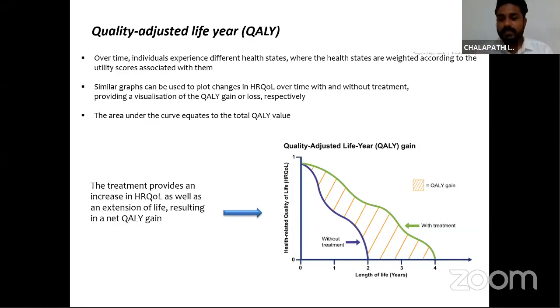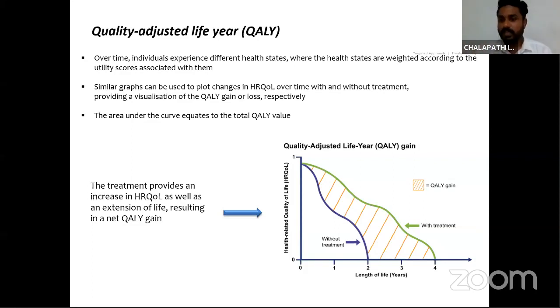But his life years may change. If I am not giving intervention, he can live up to 20 years. If I am giving intervention, he can live up to 40 years. But there is no compromise in quality of life or utility measure. So here the calculation will be, I will just subtract 40 minus 20, he is getting 20 years of life.